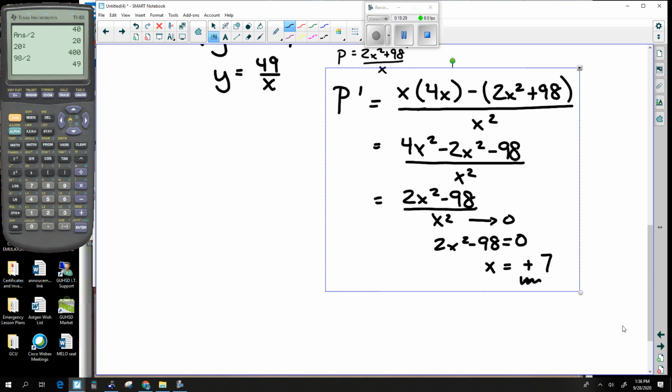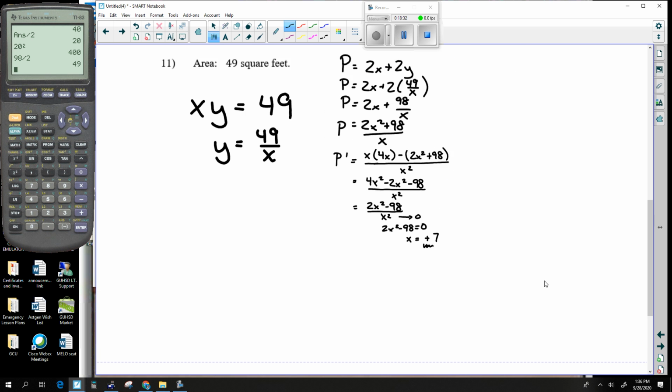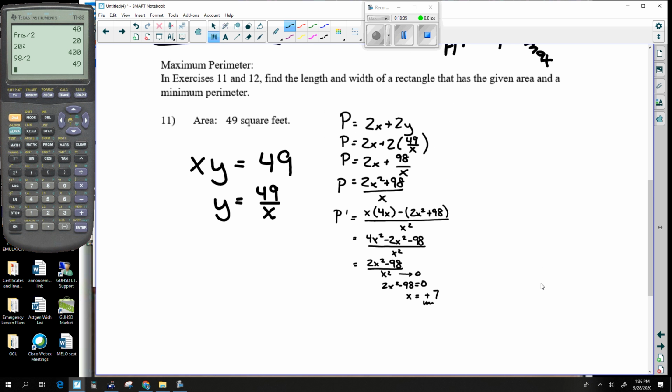So we want this to be a minimum. That is indeed a minimum.